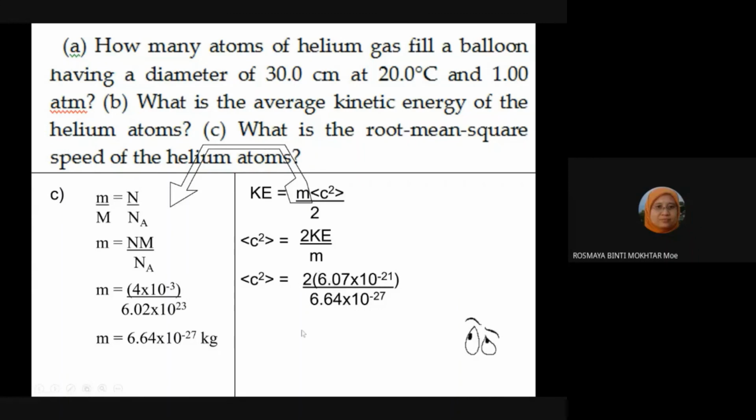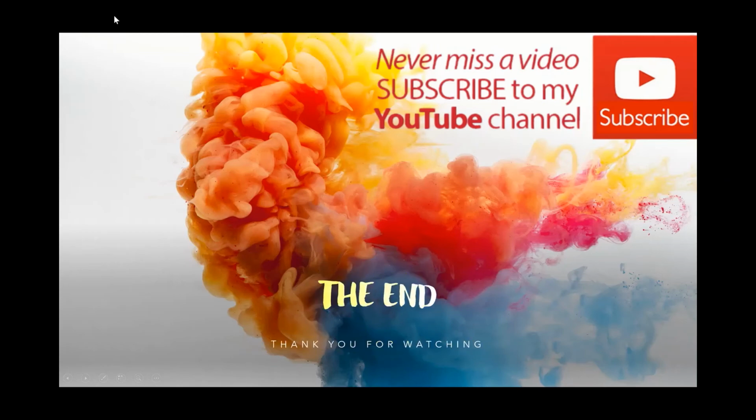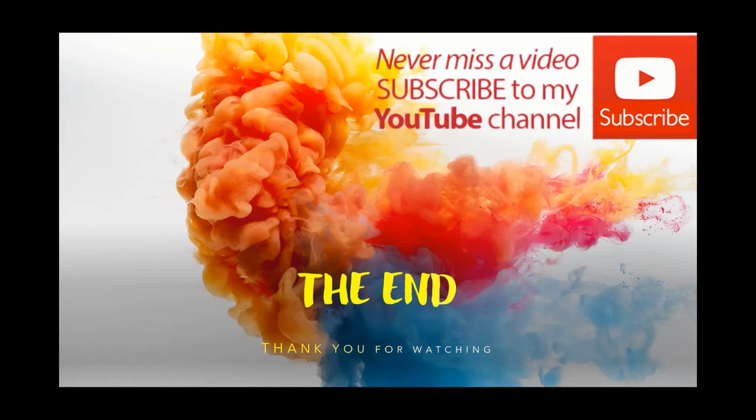To get the RMS speed, remember that the RMS speed is the square root of the mean square speed. So we take the square root of this value and get the answer 1.35 kilometer per second. You can answer in the prefix form, 1.35 kilometer per second.